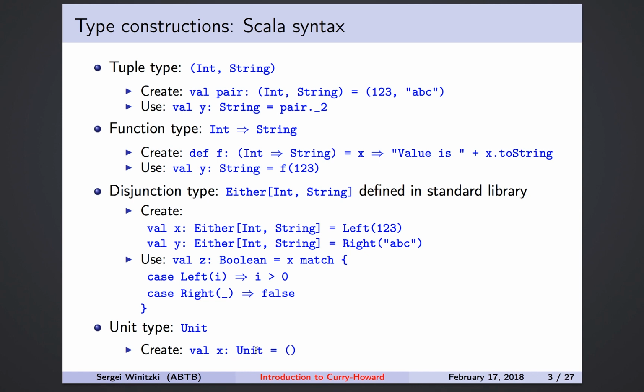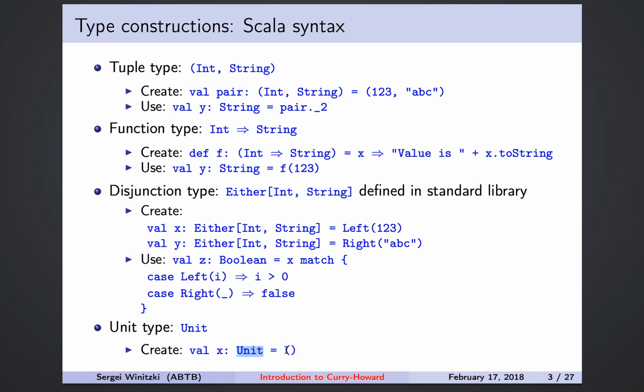And so you can create it by just writing this empty tuple expression, and the result will be a value x of this type, which is called unit in Scala. And there isn't really any way to use it, because there is nothing inside it. There's no value that it holds inside, it's empty. So you could pretend that you're using it if you have a function that takes this type as argument.